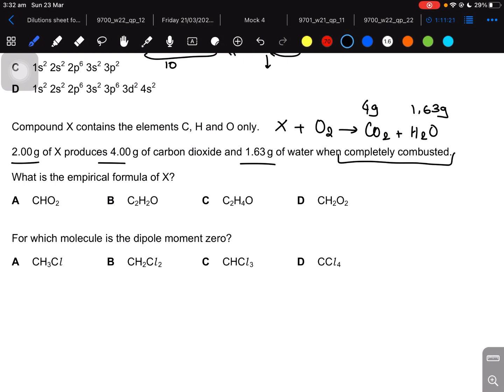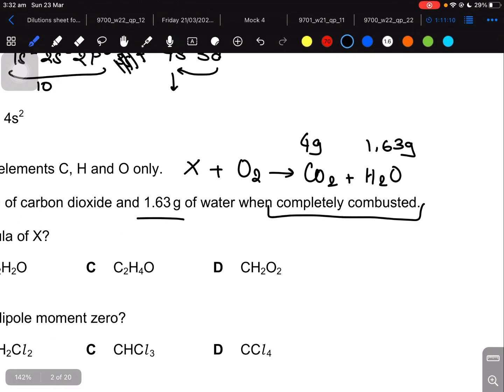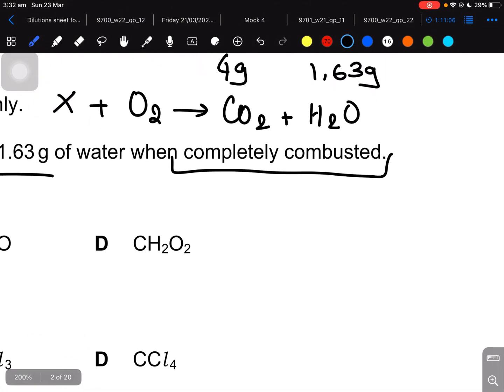Okay, so now let's think of moles. Let's see how many moles of CO2.